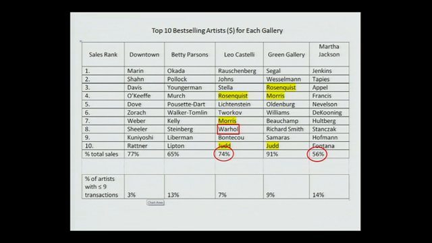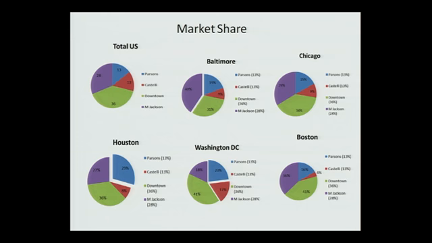These findings I found generally helpful, but it still didn't get to the meat of what I was looking for. So I decided to take a look at the market share for the galleries in the main markets. This was helpful in evaluating the oft-repeated claim that Leo Castelli had expanded the market for art. The analysis is not perfect, but it does show some interesting things.